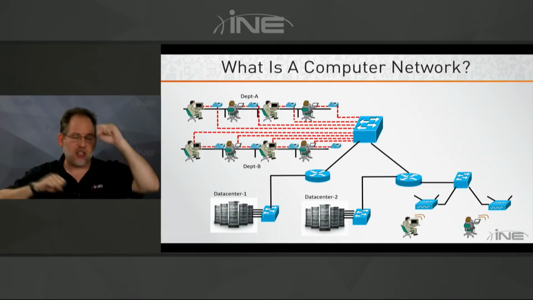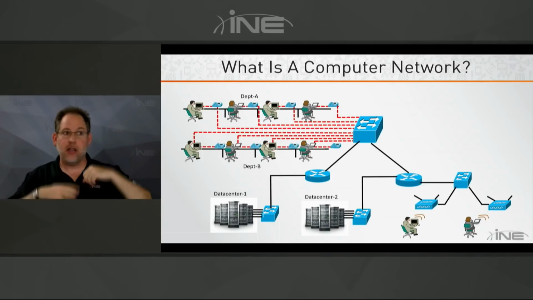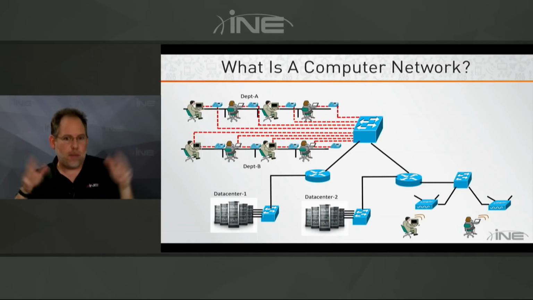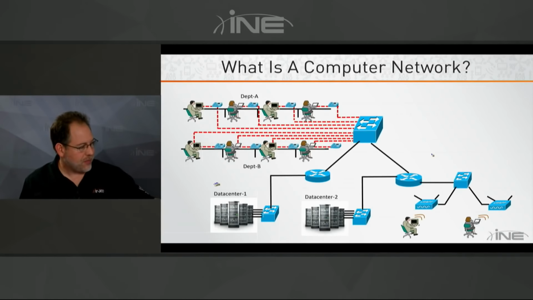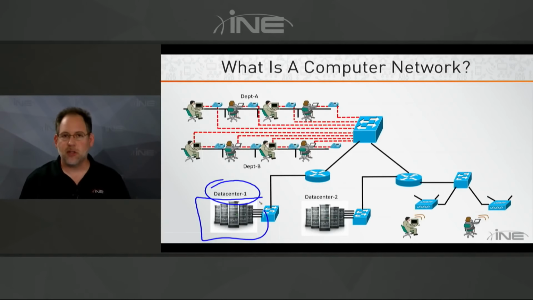So instead of having them spread out across the building where you don't know where they are and you don't know what part of the network is used to reach them, let's take them and all put them in a secure room with a lot of air conditioning that we call a data center. So that's what a data center is. It's a big room with a lot of electricity running in it that's housing all of your servers, all the information, your mission critical information that your people need to get to.